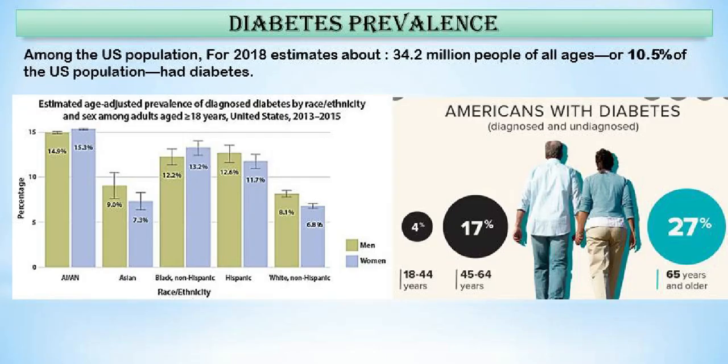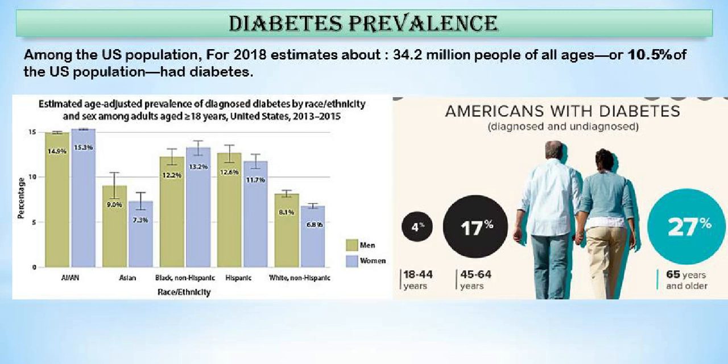Among the US population, 2018 estimates are about 34.2 million people of all ages, or 10.5 of the US population, suffering from diabetes. One study conducted in the US in 2013-2015 shows diabetic male and female patients of different race ethnicity, in which American Indian and Alaska Native in both males and females have a higher proportion of diabetic patients.